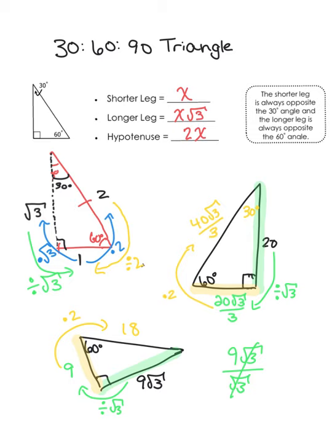Okay, so this is just an example of the 30, 60, 90 triangle. In fact, this is often also referred to as a 1, 2, square root of 3, where 1 is across from your 30-degree angle, 2 is across from your 90-degree angle, and the square root of 3 is across from your 60-degree angle.